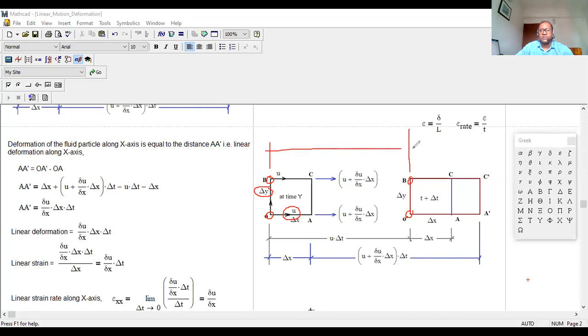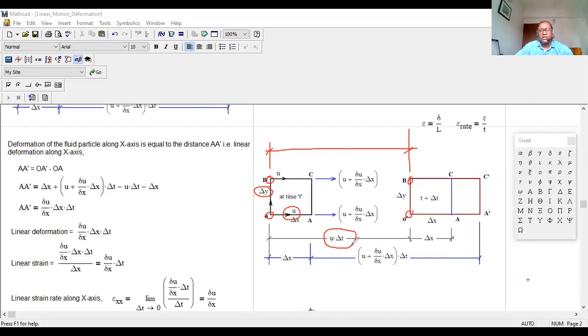How much is the distance? Obviously velocity into time. So that distance is u delta t, because in delta t time this fluid element travels from this point to this point, or line OB came to the new position.